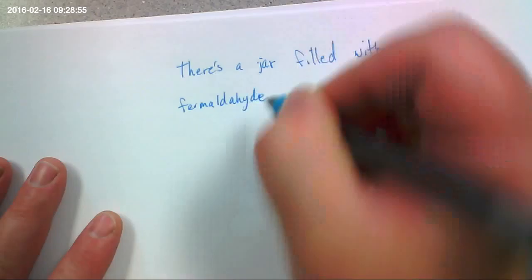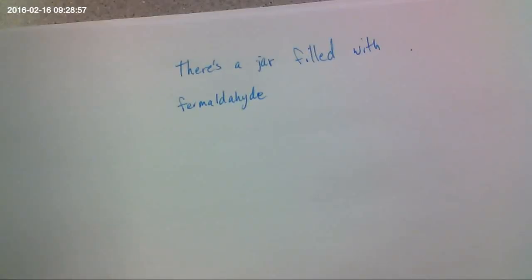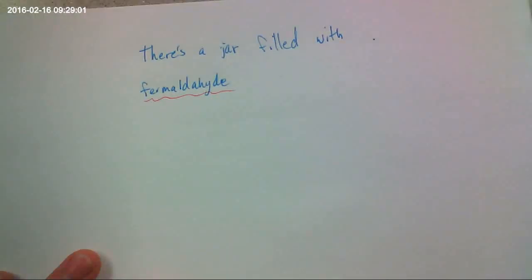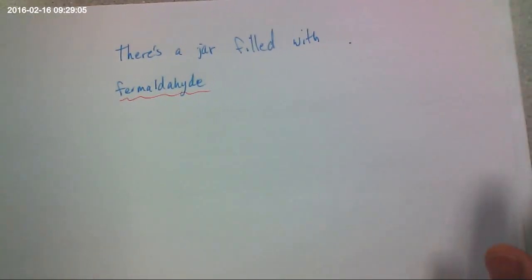I have no idea if that's how you spell it. In fact, my confidence in my spelling of formaldehyde is so low that I'm going to go ahead and put that there. Let's see what Siri says. How do you spell formaldehyde?